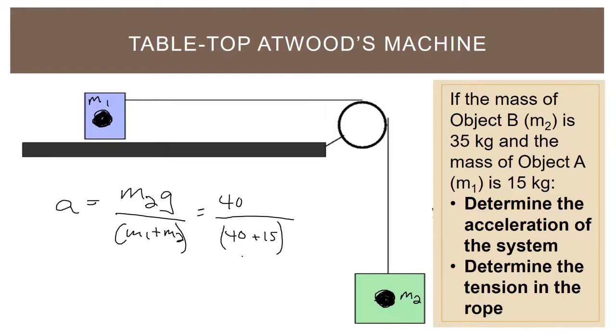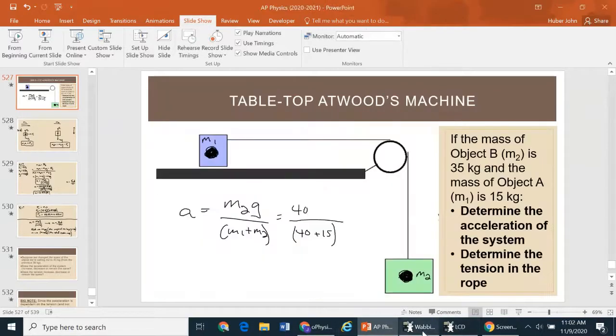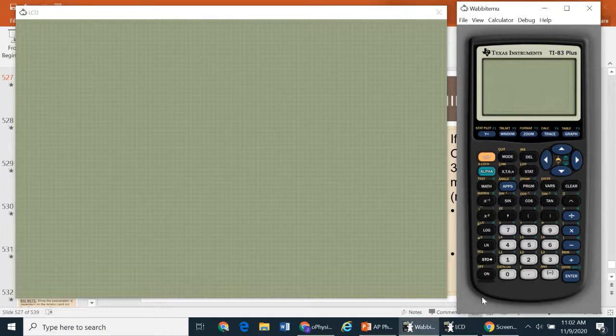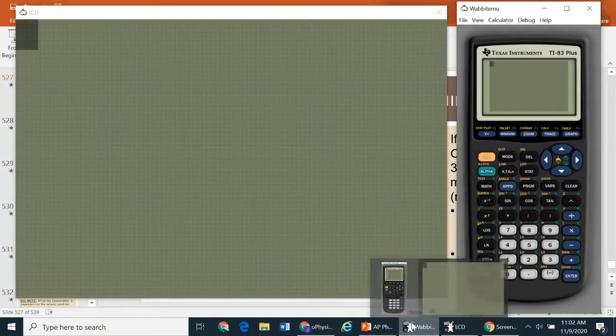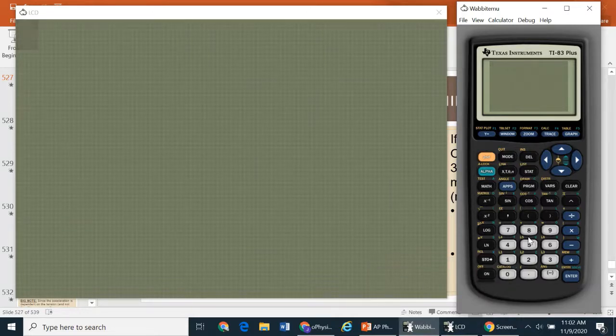The way you can work this out is pretty simple. You have to look at how the numerator and the denominator are going to change. The numerator now is going to be M2G.